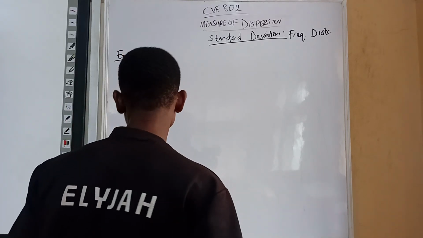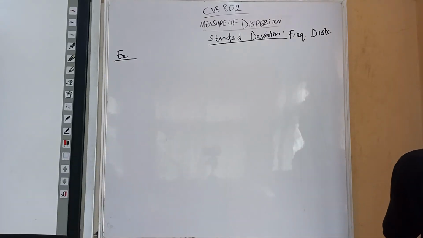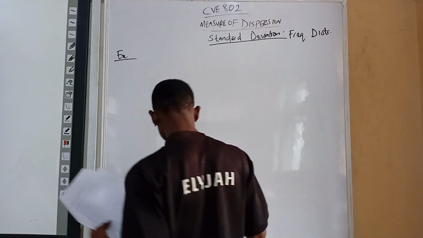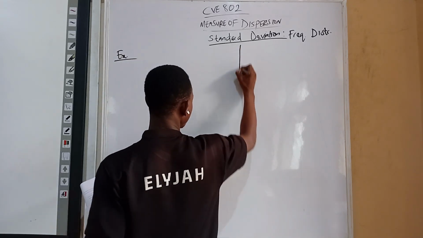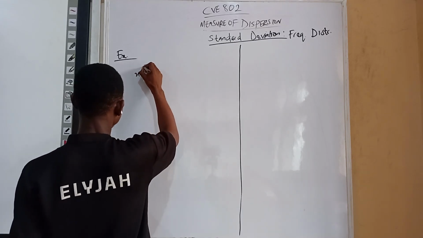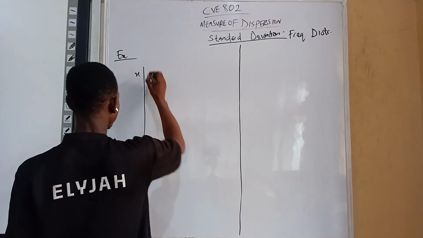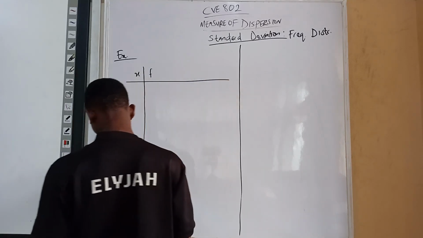We want to find the standard deviation for the given set of data. Here we are given the variable x and the frequency of the variable, f. That's what will be given in the question.